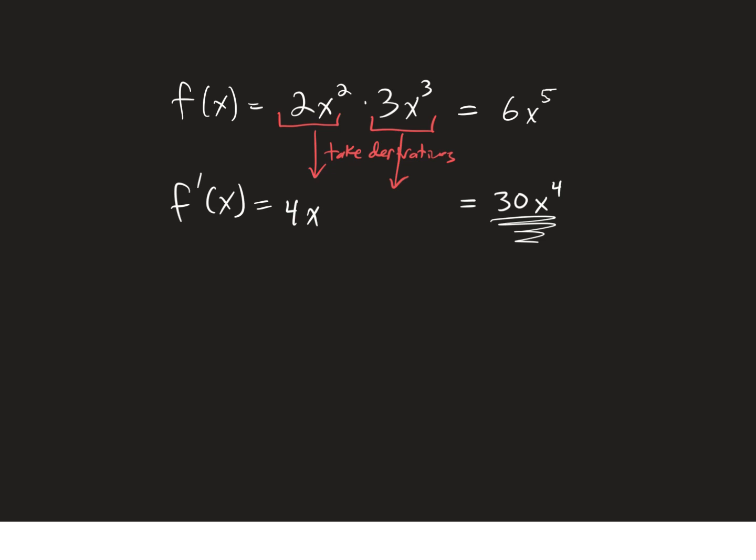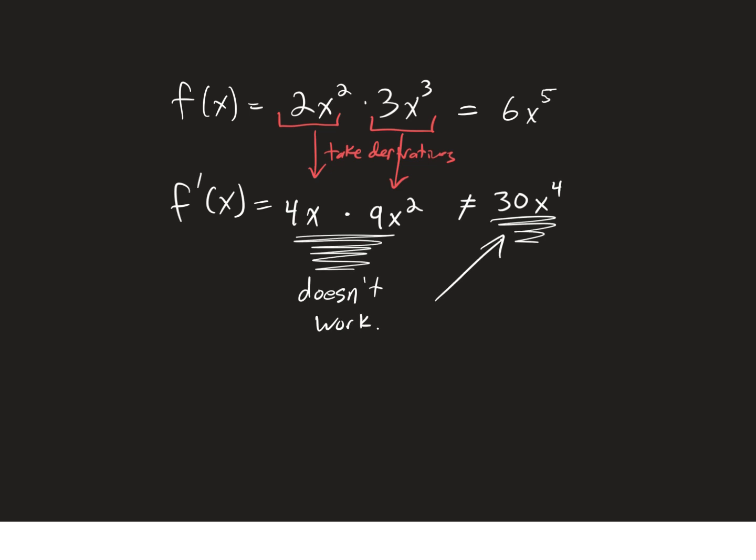If you take the derivative of the second piece, you would get 9x squared. And when you think about this, we know that the derivative of f should be 30x to the 4th, but if we only took the derivatives separately and then multiplied them, there's no way that this would actually equal the answer that we need to get. So the point of this little example is that just taking derivatives doesn't work.